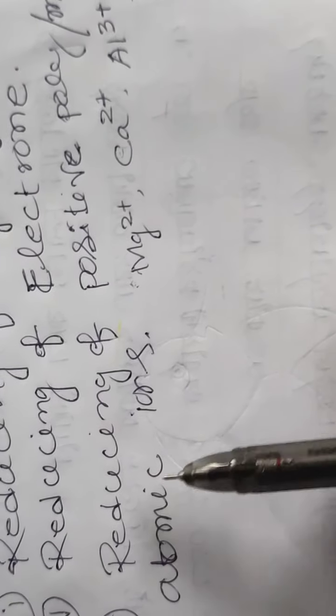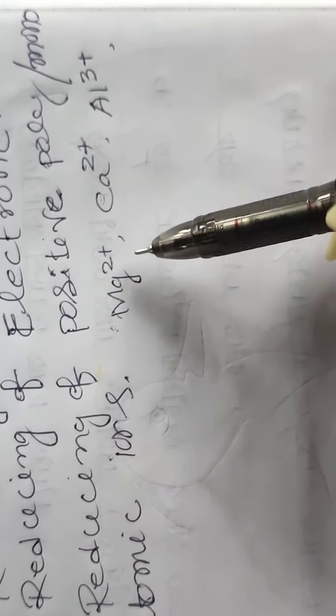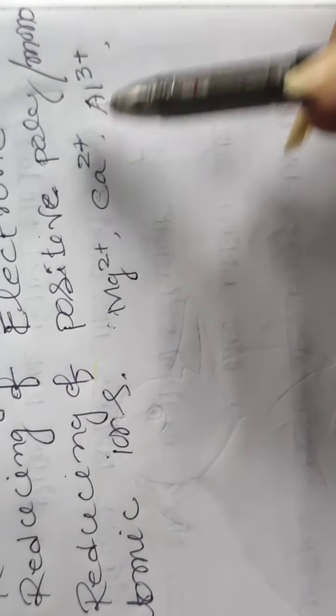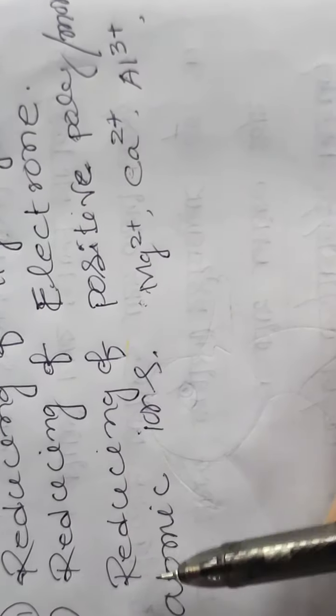Next, the fifth and last point, reducing of positive poly or monoatomic ions. These are monoatomic ions which are positively charged, that is Mg2+, Ca2+, Al3+.